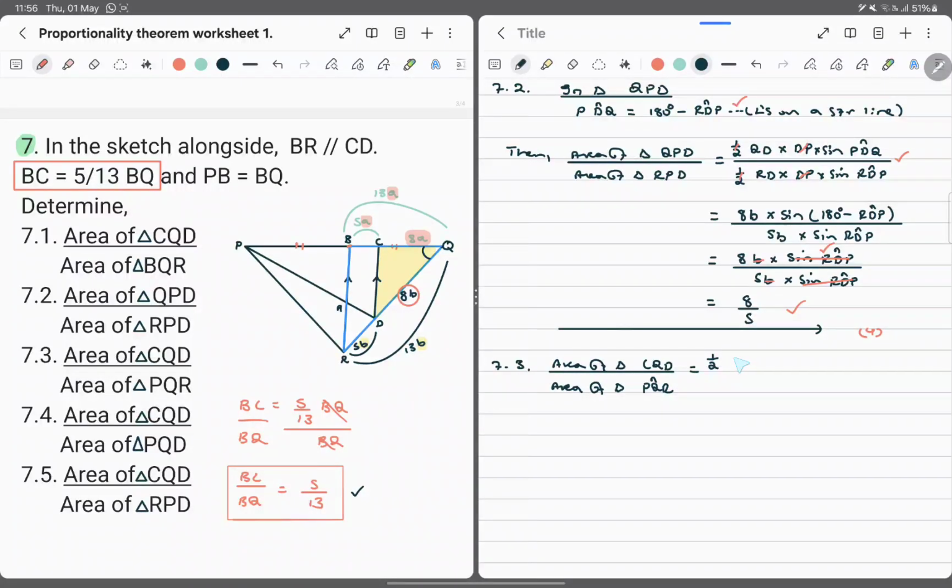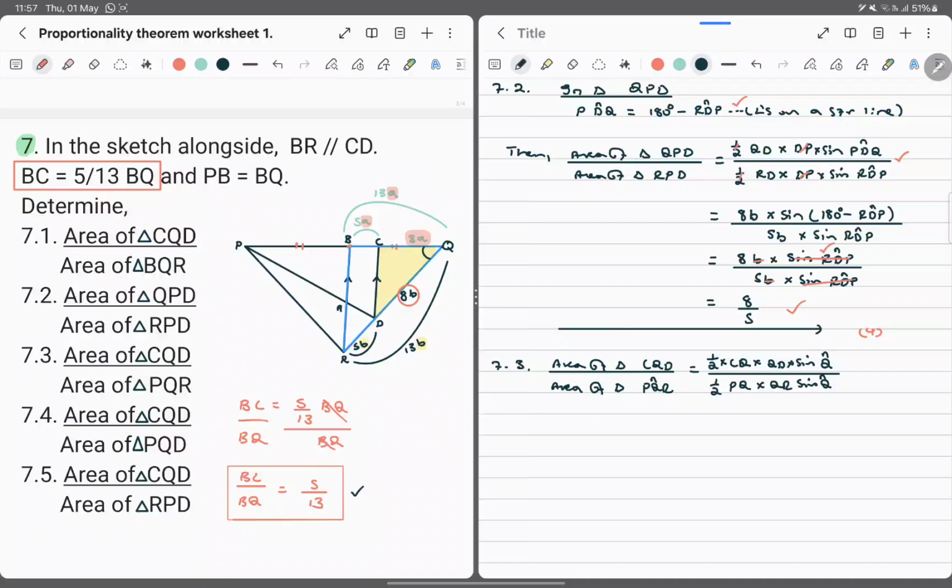We use the area rule here, half. Now this is CQD. We can just say CQ times QD times the sine of angle Q, divided by half. The big one now is going to be PQ times QR times the sine of the included angle.